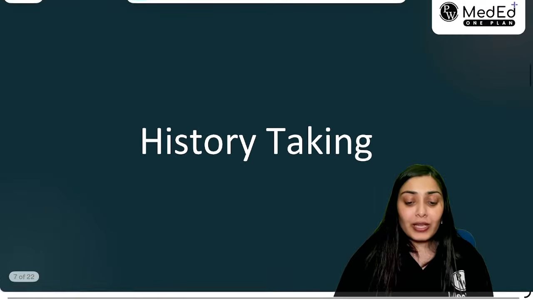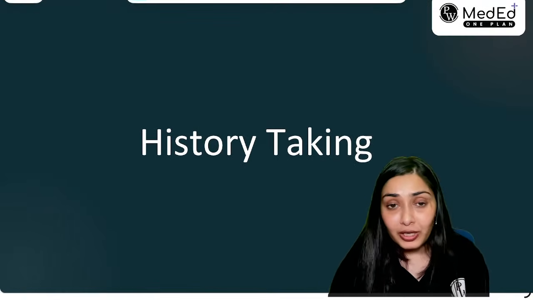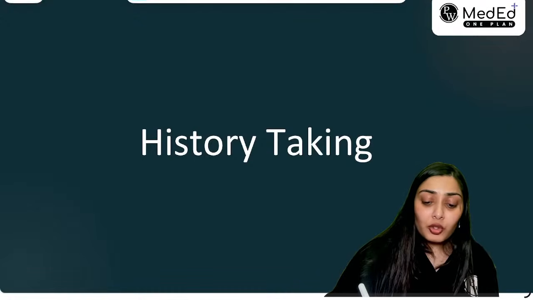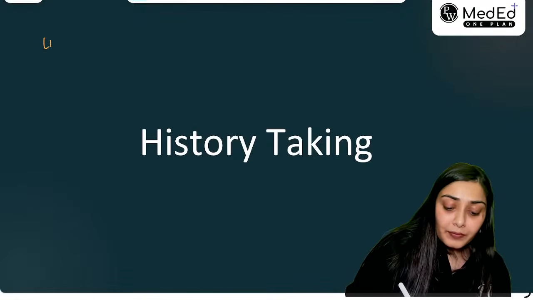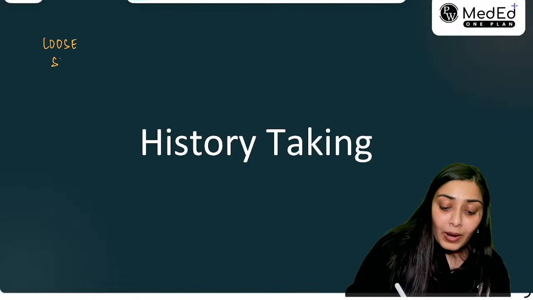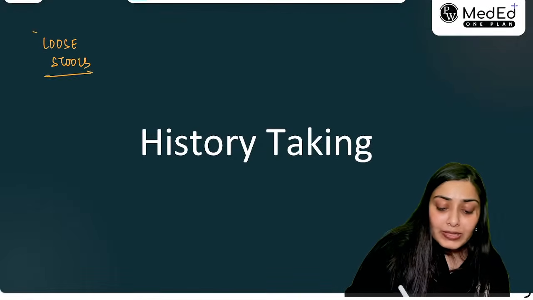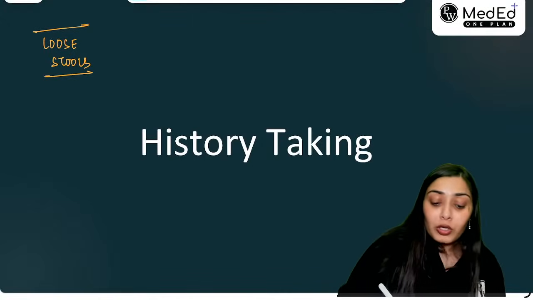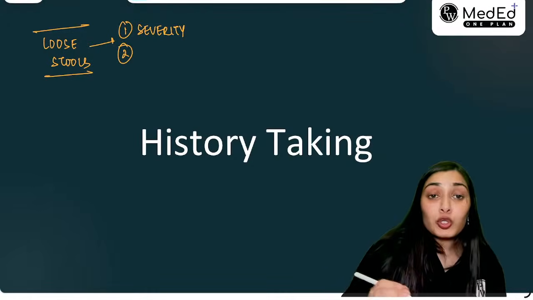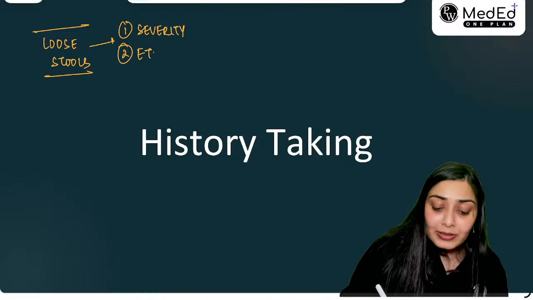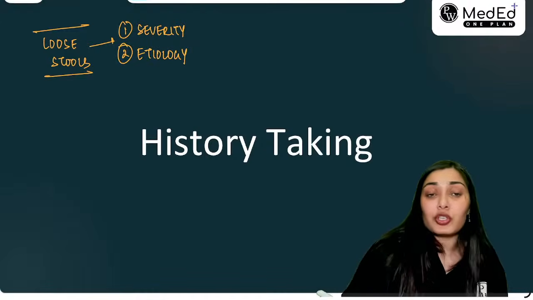After these danger signs comes the proper history taking. So whenever you are encountering a child with loose stools, why is history taking important? Because history taking will help you, number one, to firstly tell the severity. Second, it would also help you towards delineating the etiology, right?